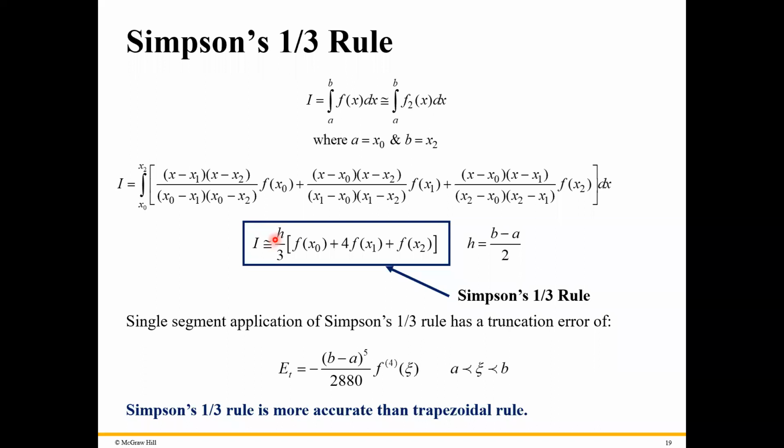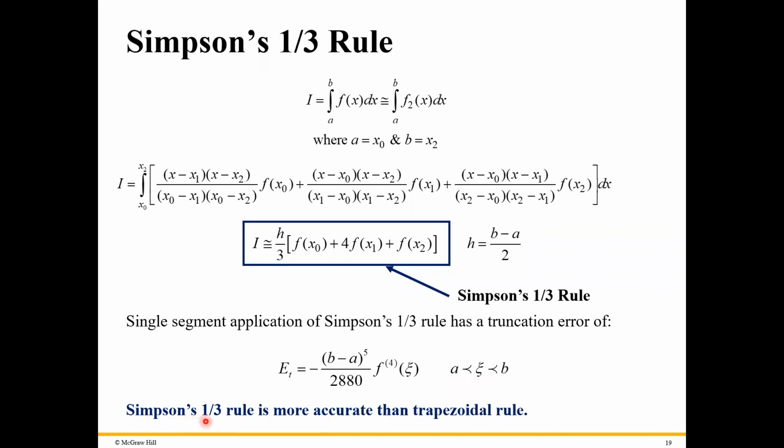So this is one application of Simpson's 1/3 rule, called the single segment application of Simpson's 1/3 rule. It has a truncation error of Et equal to minus (b minus a) to the power 5 over 2880 times f4, where f4 means the fourth derivative at some value psi between a and b.